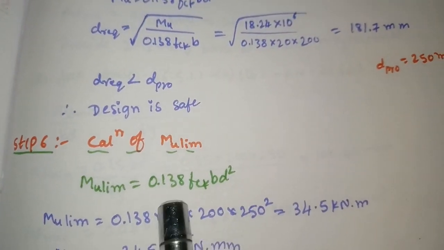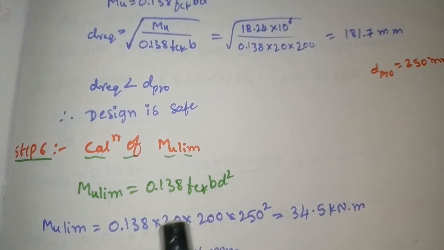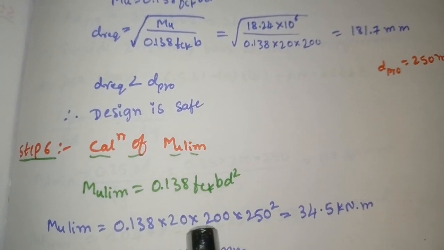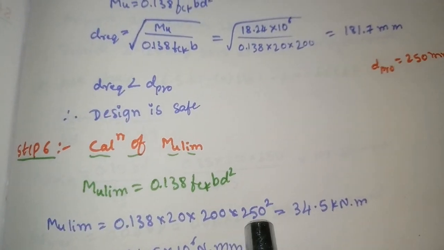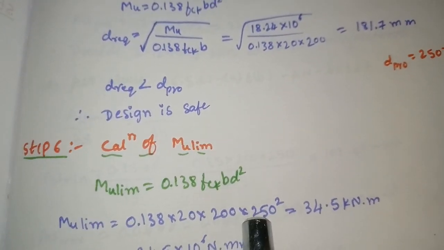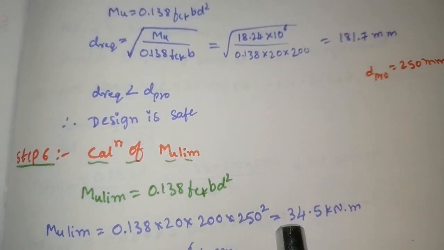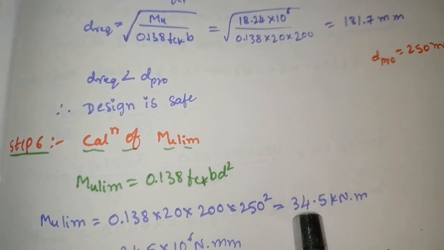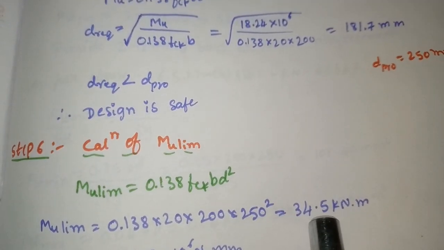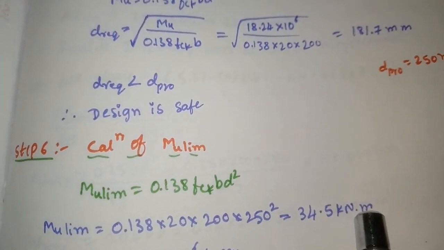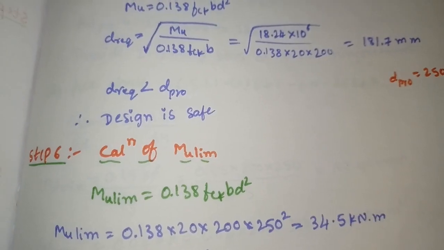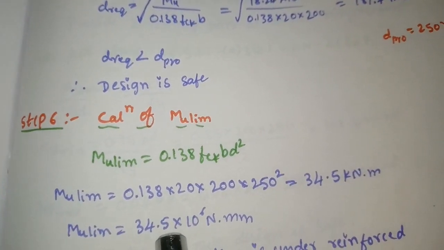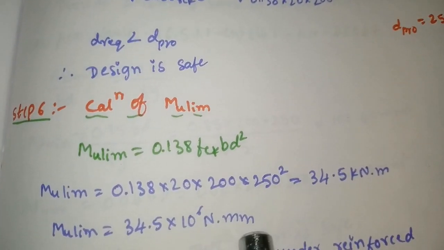Mu limit is equal to 0.138 into FCK value 20 into B value 200 into D 250 square. After simplifying, we get our Mu limit value as 34.5 kilonewton meter. So in terms of Newton mm, that is 34.5 into 10 to the power of 6 Newton mm.